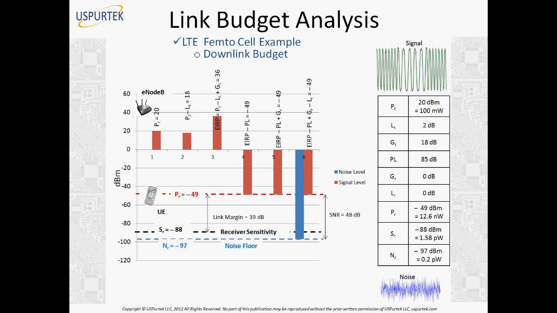That is why femtocells are coming out as a very good solution to loss of signal inside the building. That means setting up eNode Bs inside the building itself. Otherwise, in a macro cell or even in a micro cell, your eNode B might be outside somewhere. The eNode B could be housed in a building, but the antenna of the eNode B might be outside the building. But in this case, both the antenna and the eNode B are in one single box.